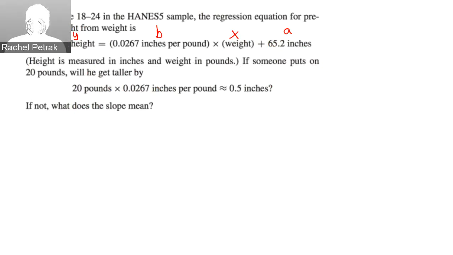Not quite. The slope means that the 151-pound men are taller on average than the 150-pound men by around 0.0267 inches per pound. Similarly, men who weigh 152 pounds on average are a little taller than the men who weigh 151 pounds, and so on.